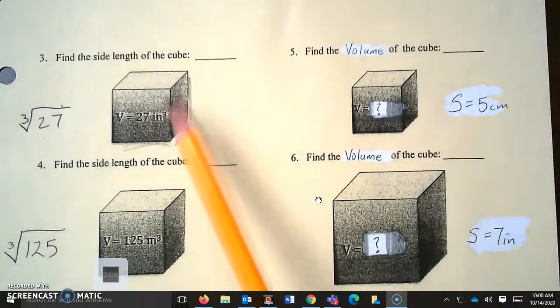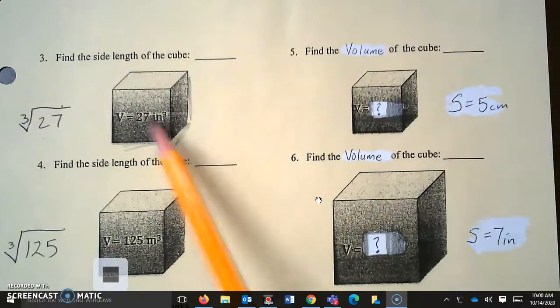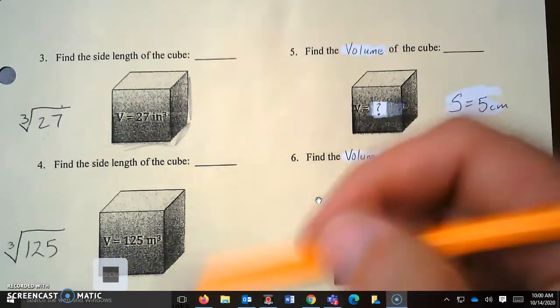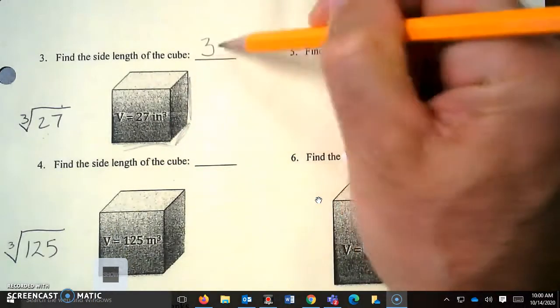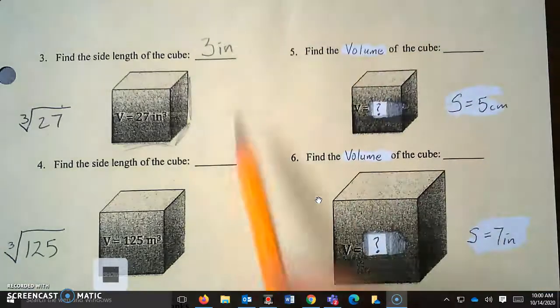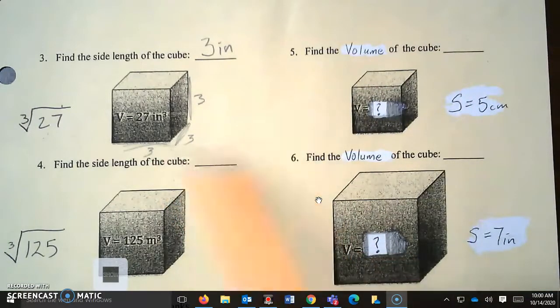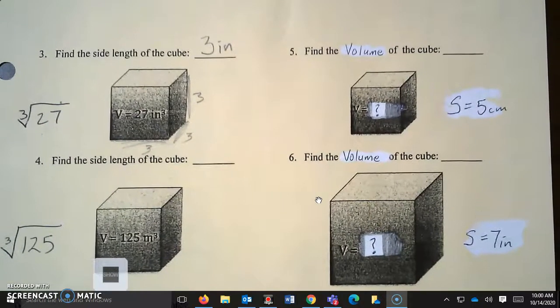You will do the cube root of the volume. And I already wrote it over there. In a calculator, you have to do the cube root, not square root, and you will get 3. And the answer is 3, everyone, because 3 times 3 times 3 is 27. You know, volume is length times width times height, but they're all the same number. Okay, so that's finding the side length.